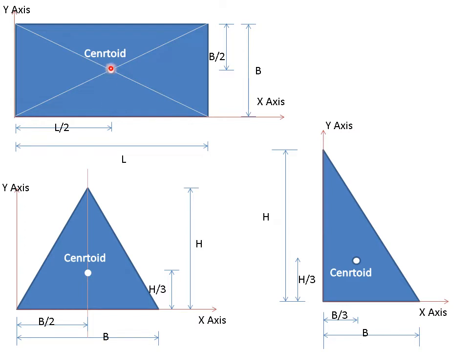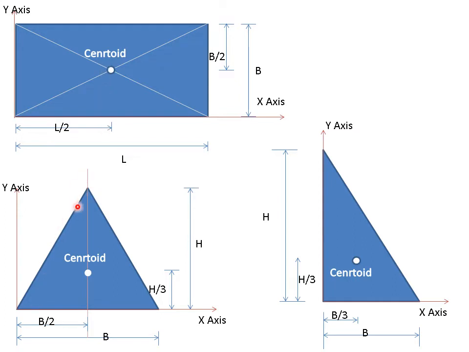Naturally, it lies at the center. So, along length it will be at L by 2. Along height it will be at B by 2 from bottom as well as B by 2 from top. So, centroid of this rectangle lies at L by 2 from left edge as well as B by 2 from bottom.